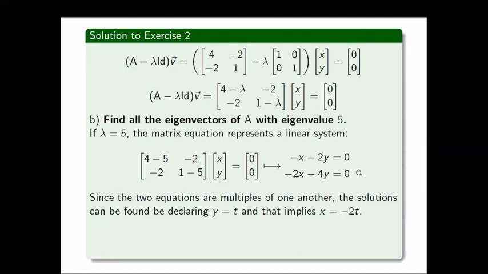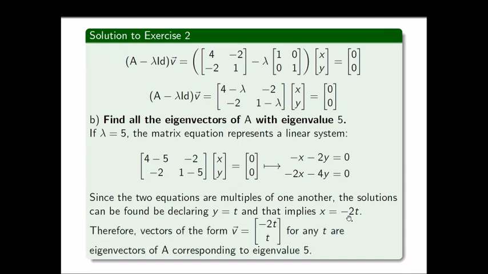Like before, the second equation is a multiple of the first one, so we can find all the solutions by declaring y equal to a parameter t, and that gives us that x is equal to minus 2t. Therefore, any vector v of the form minus 2t, t, where t is any real parameter value, is an eigenvector corresponding to eigenvalue 5.